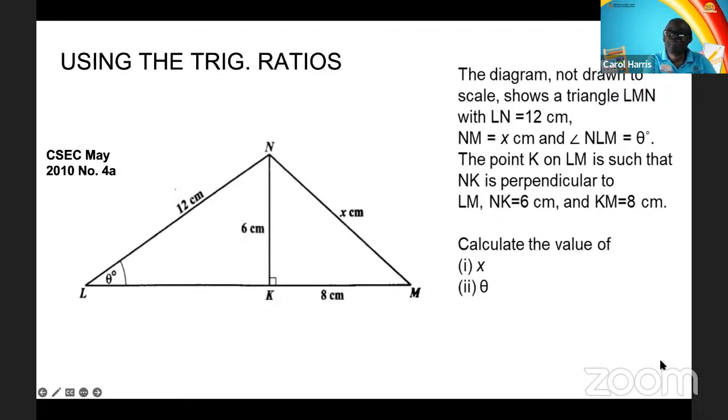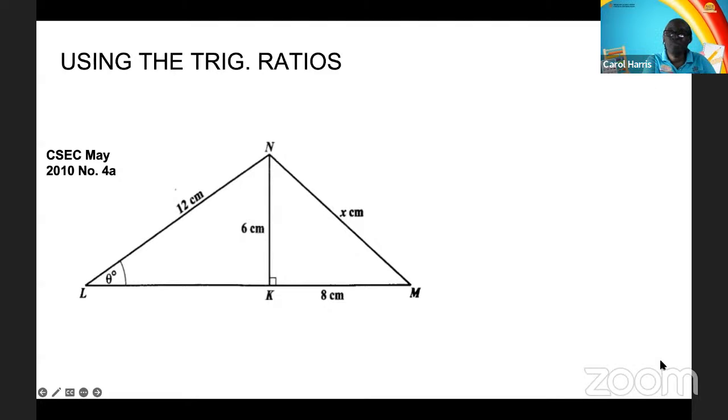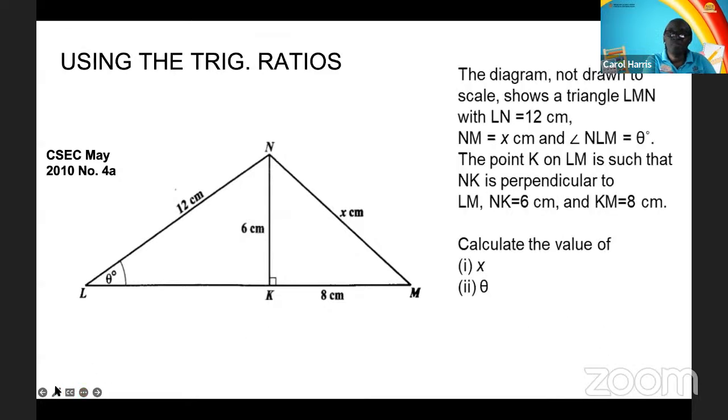Miss, could you repeat what it means to be perpendicular to something, please? Remember, perpendicular lines meet at 90 degrees. So this hand is perpendicular to this hand, almost. It forms a 90-degree angle here. Okay, Miss, thank you.